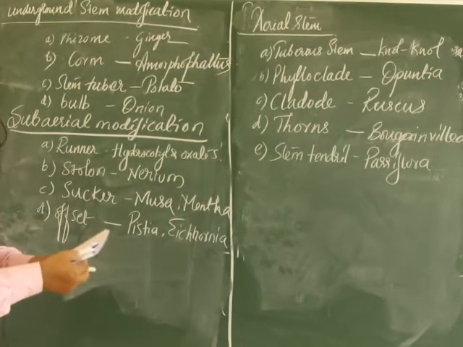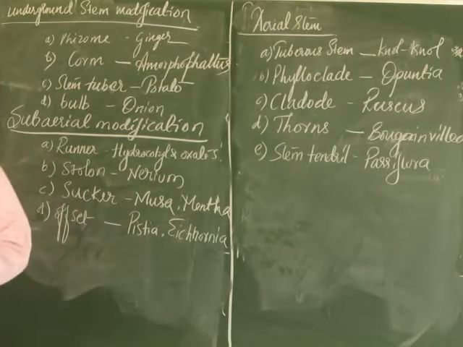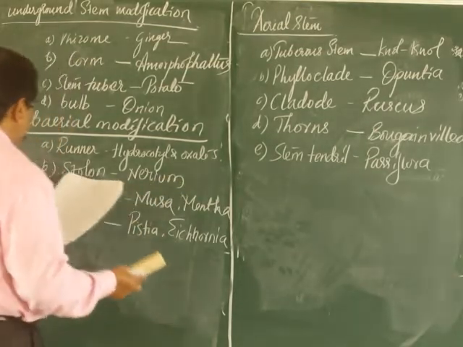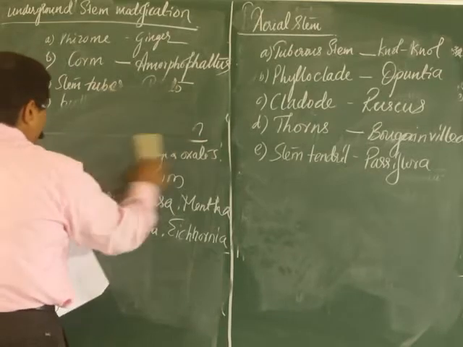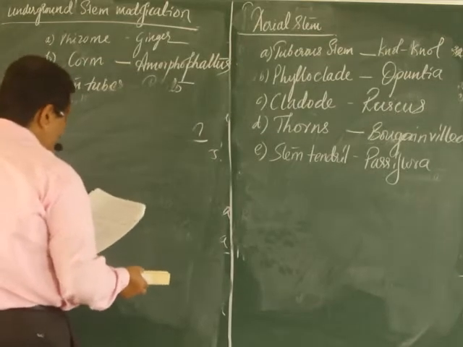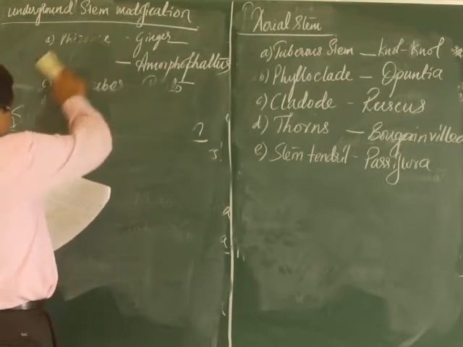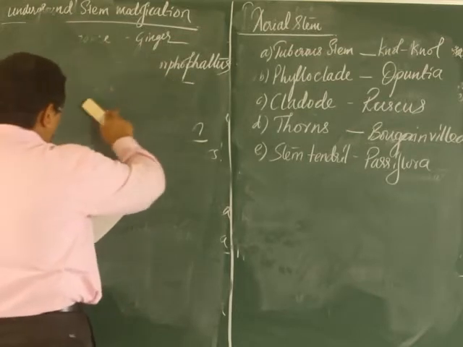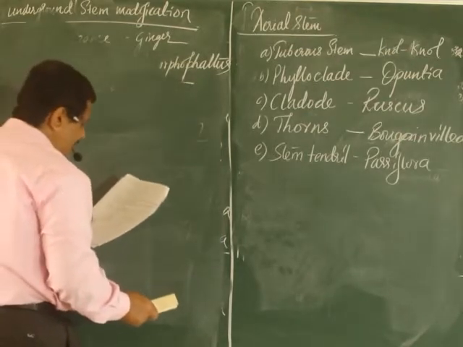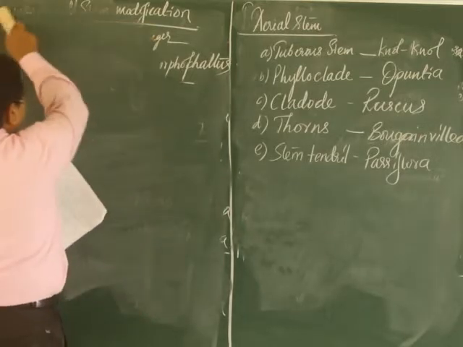Then fourth question, question number 4. Non-green scaly leaves occurring in underground stem with buds in their axil are called: option A, hypsophylls, option B, prophylls, option C, cataphylls, option D, foliage leaves.